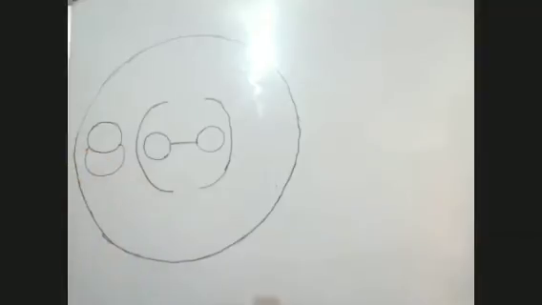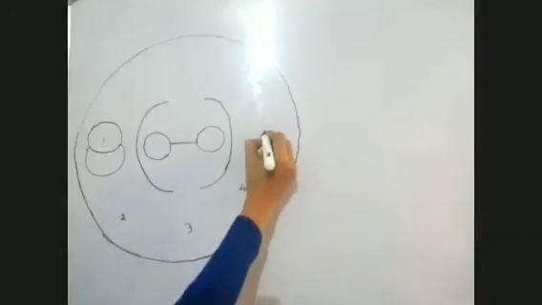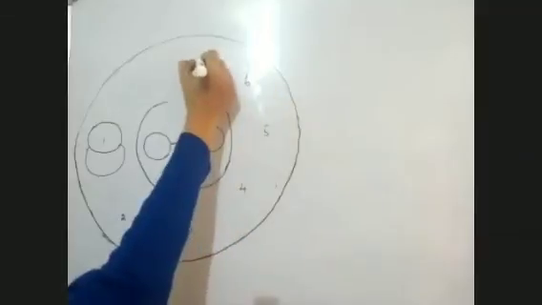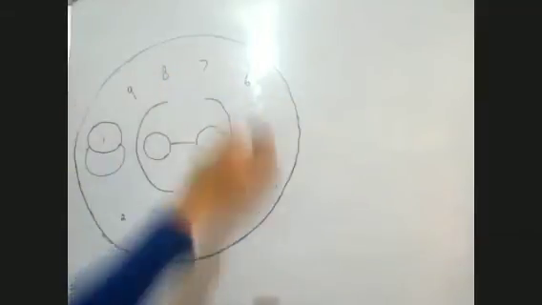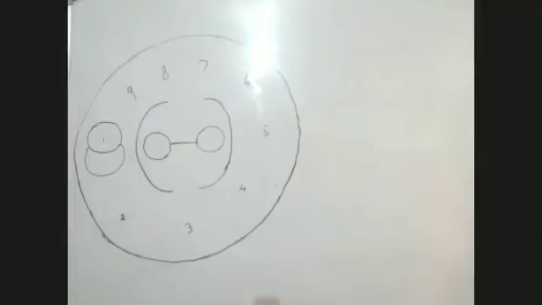Complete circle and half circle. And this way we have 1, 2, 3, 4, 5, 6, 7, 8, and 9. We have 9 of such. If you have your book, you will find that we have 9 of such.